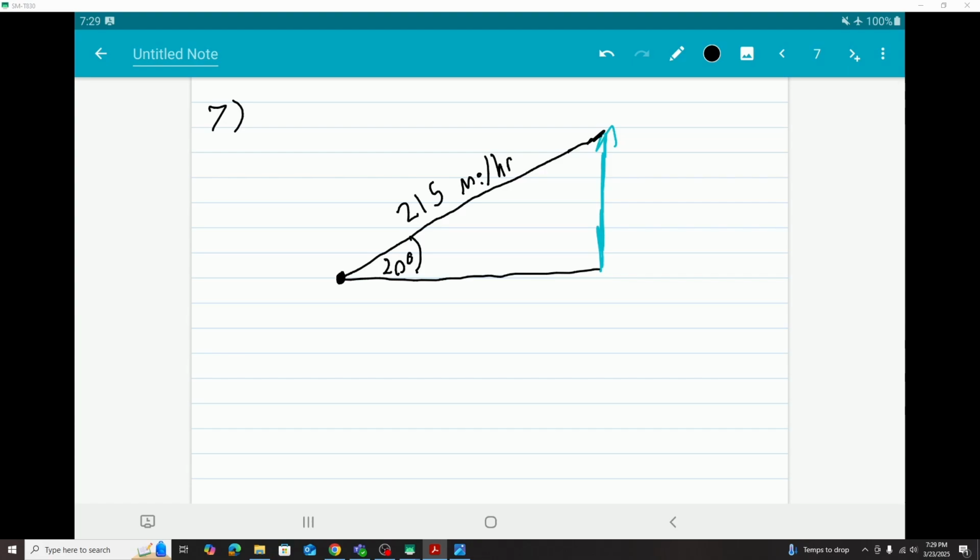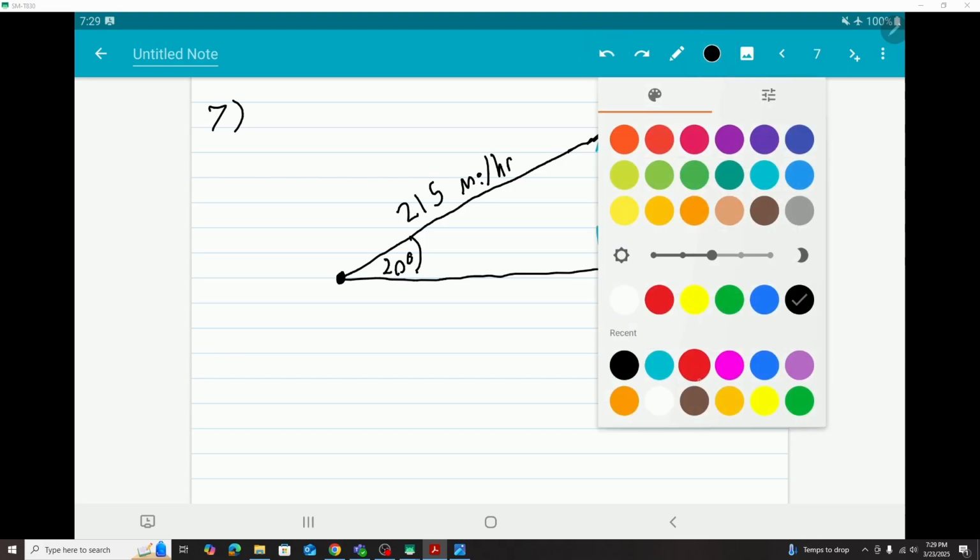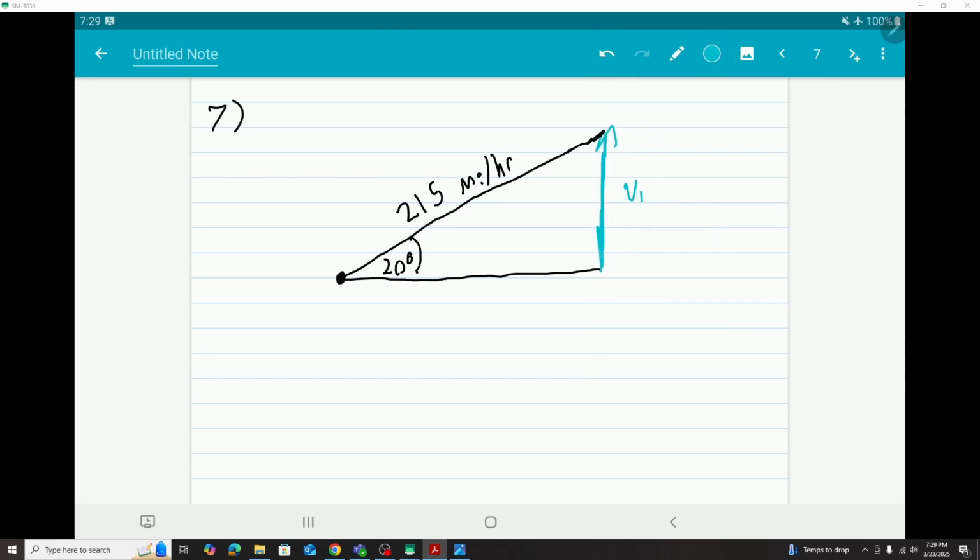And what we're doing here is we're just saying, what's the vertical speed of the plane? So I want to figure that out. I'll call it VH for vertical. You can call it anything you want, X, Y. Maybe we'll just call it Vy, because it's in the y-axis, V for velocity. Well, I have this 20 degrees, I have this opposite side here, and I have the hypotenuse.